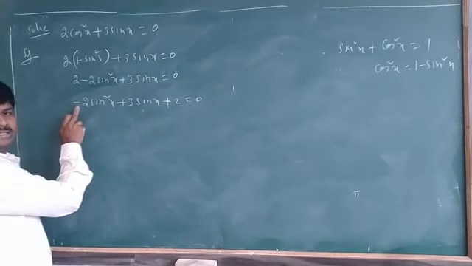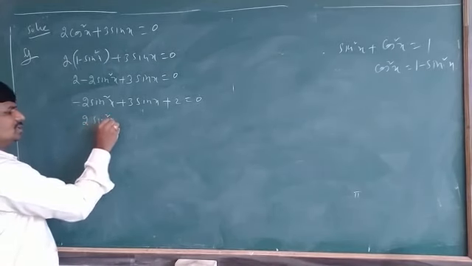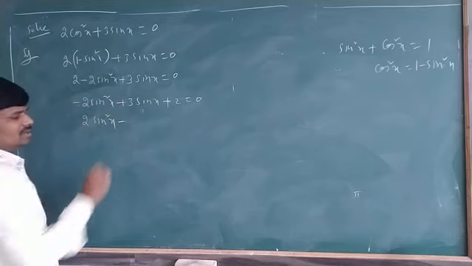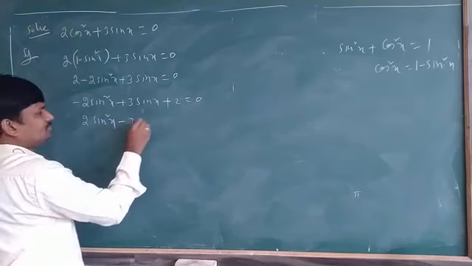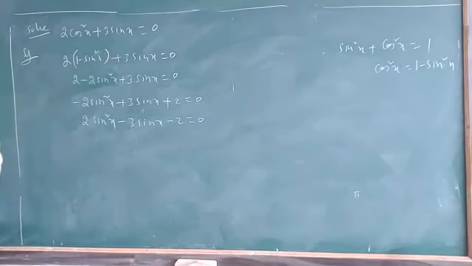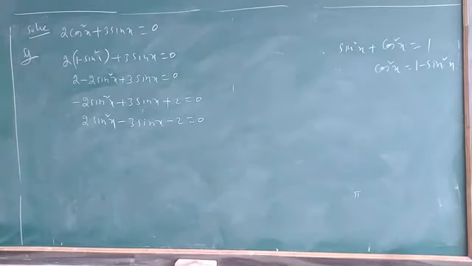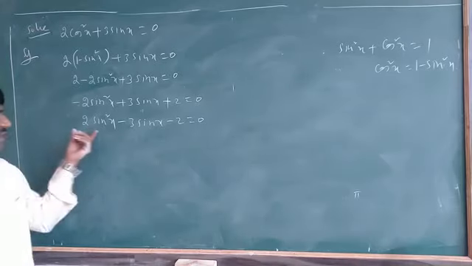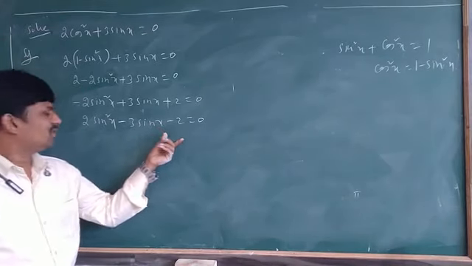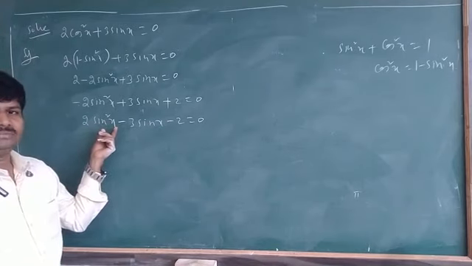Now I multiply by minus inside: 2 sin square x, minus minus plus, minus 3 sin x minus 2 equal to 0. Clear? Just observe, in which form is it? It is in the form of a quadratic equation in sin x.